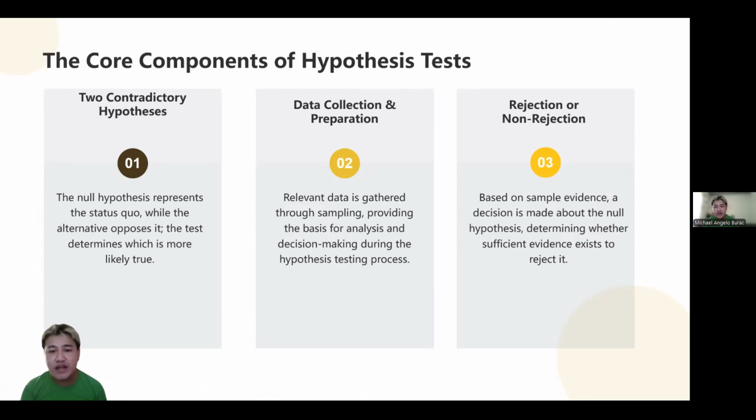Maybe response time logs, CPU usage, network latency, or the number of active users when they use the system. That's our data. We cannot just say, okay, it's like this. We need a basis for our decision. We need data to support our decision.